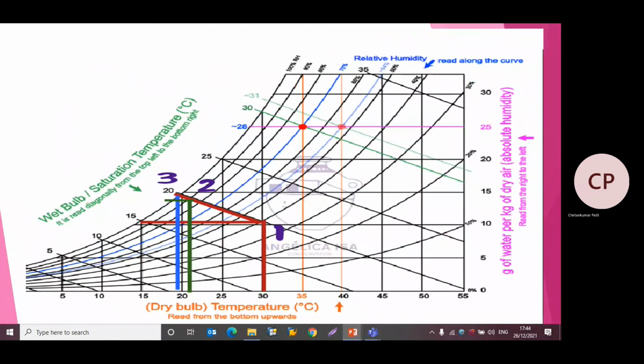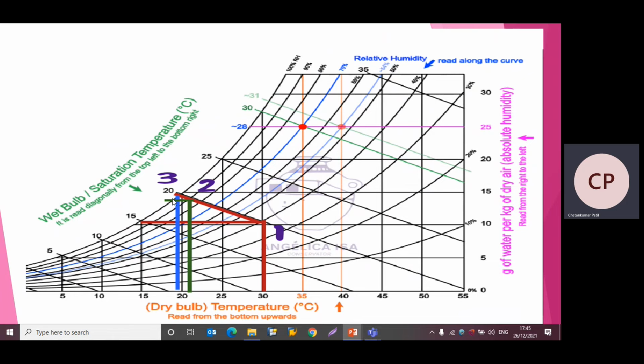Now we also have to find the dew point temperature at this point 2. So from this point 2 we have to take one horizontal projection, because the horizontal lines indicate the dew point temperature. This horizontal projection goes up to the saturation line, the line with 100% relative humidity, and this point of intersection will give us the temperature.